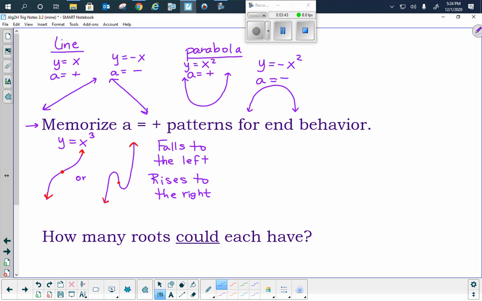Again, let's look at just the positive a behavior for x to the 4th. So x to the 4th would be, it could look U-shaped, with something going on that you don't necessarily notice. Or if it's going to cross up to 4 times, if the x-axis was going through there, it could look like that. Again, place yourself in the middle, pretend you're there or there, and talk to me about the arrows.